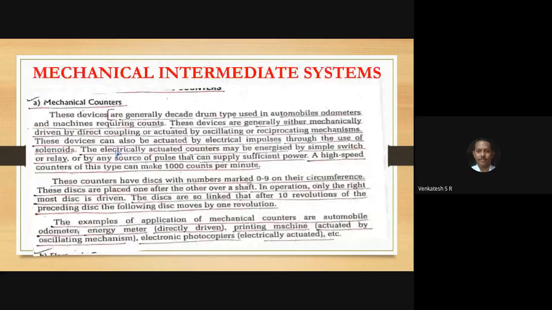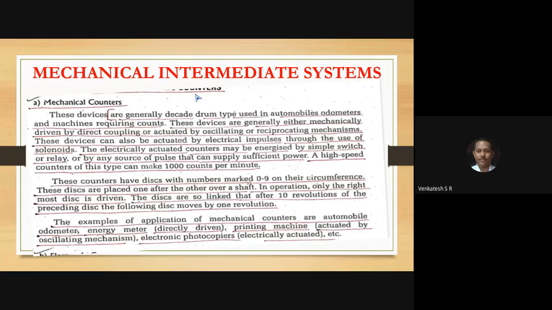Next, come to the point, the mechanical intermediate systems. See, you all belong to mechanical engineering. Give me a good example for a mechanical intermediate system. A good example is the speedometer in your two-wheeler or in your car, the odometer, or the instrument that gives the reading, the mechanical counter.